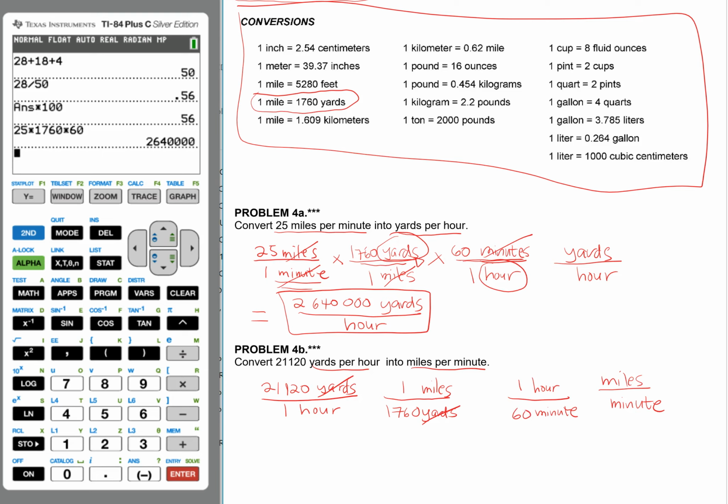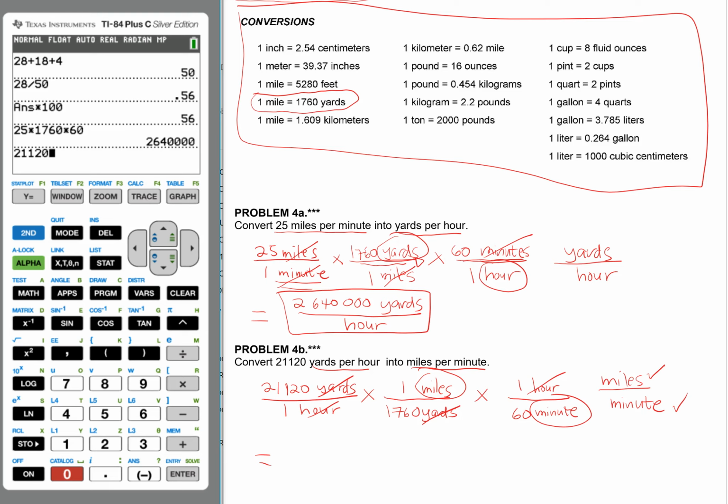So in this case, you will be able to cancel out hour and simply multiply all of these standard equivalents. This now will arrive at miles per minute. So this is what's left. Let's do this in the calculator, all the top numbers. You have 21,120 times 1 times 1.